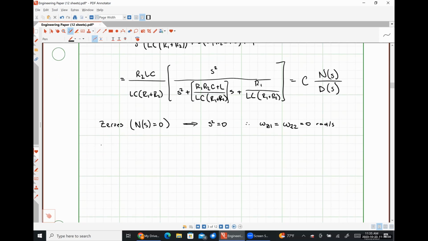For our poles, we want our denominator as a function of s to be 0.